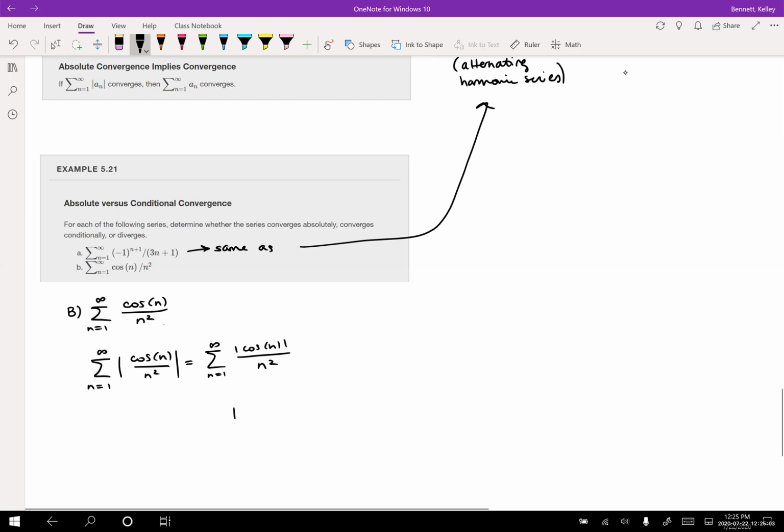So we know that the absolute value of cosine of n is less than or equal to 1. So we're just going to compare directly to 1 over n squared, right? The series 1 over n squared. So this is a known convergent P series with P equals 2.